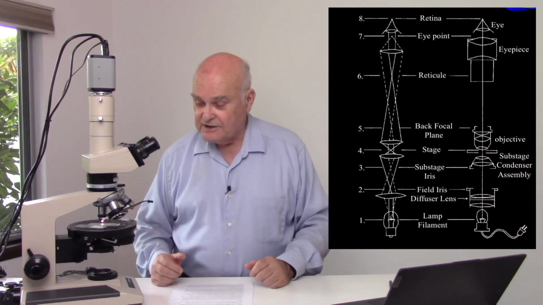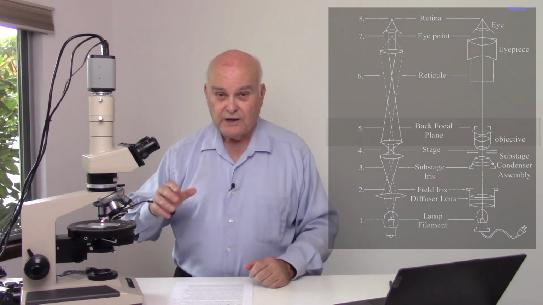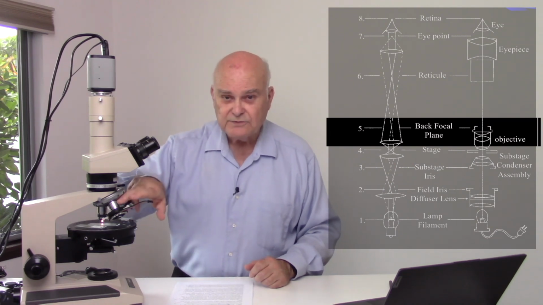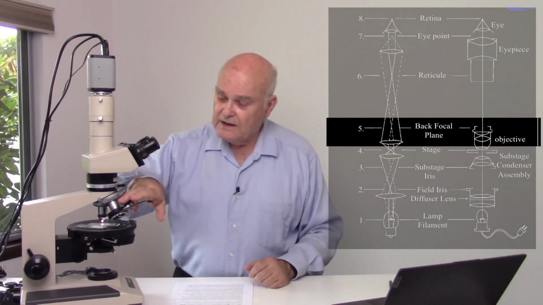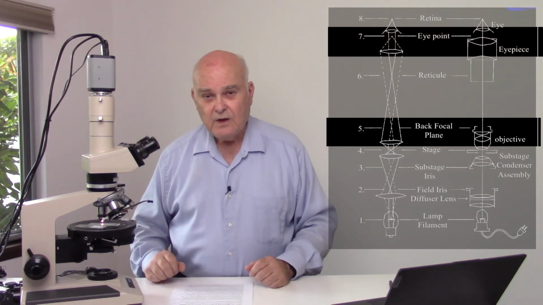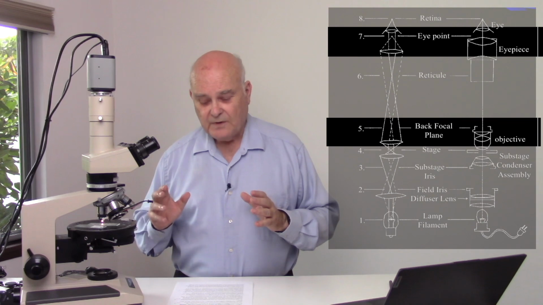Because of the design of the microscope, focal plane 5, which is the back focal plane of the objective, is in focus at focal plane 7, which is the eye point of the microscope.